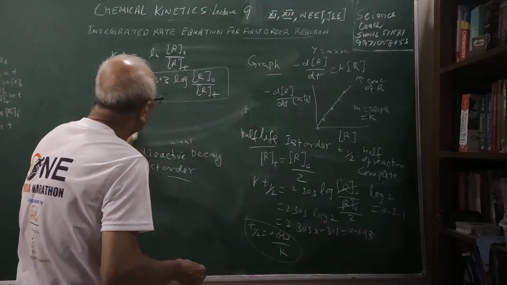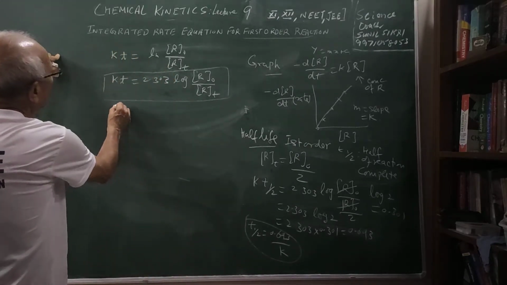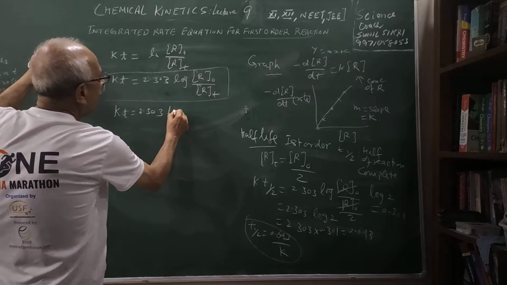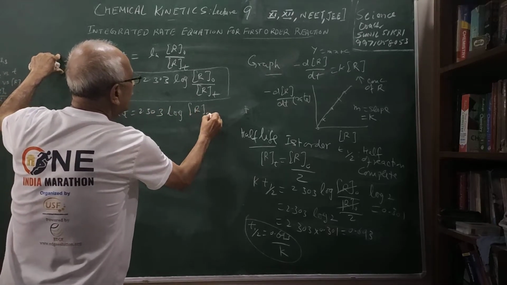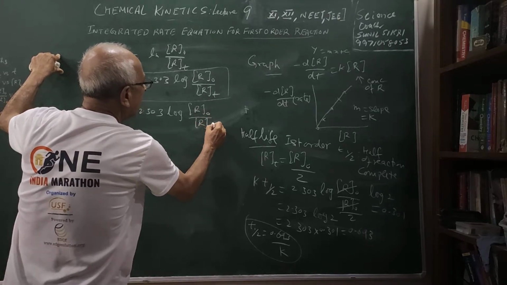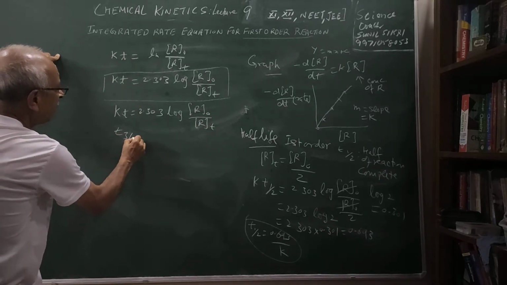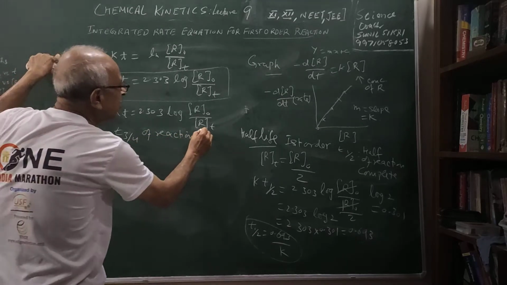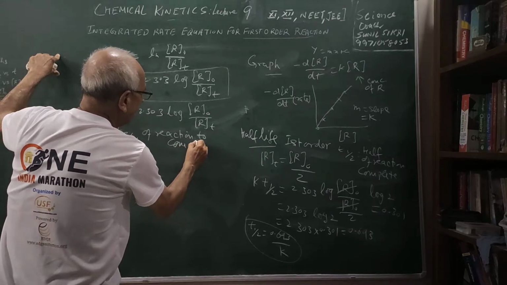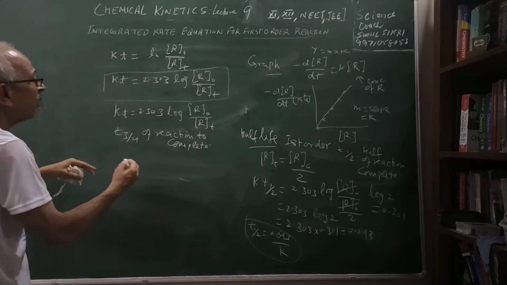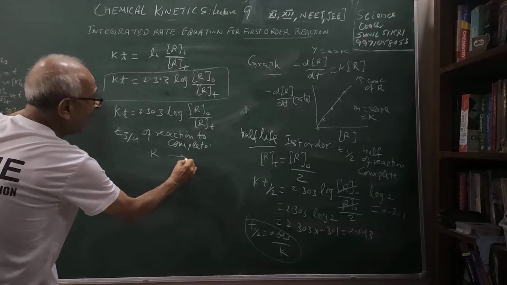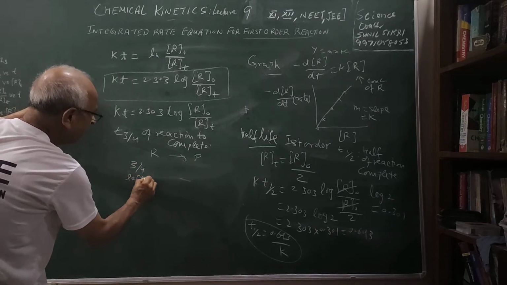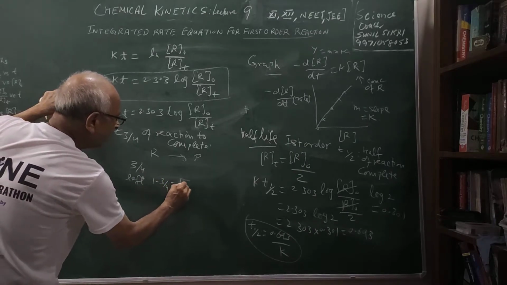Another interesting thing: by using this equation which I have written, kT is equal to 2.303 log of R0 by RT, I can find the time required for 3/4 of the reaction to complete. What does it mean? If 3/4 of the reaction R to P is completed, what is the amount left? 1 minus 3 by 4, that is 1 by 4.